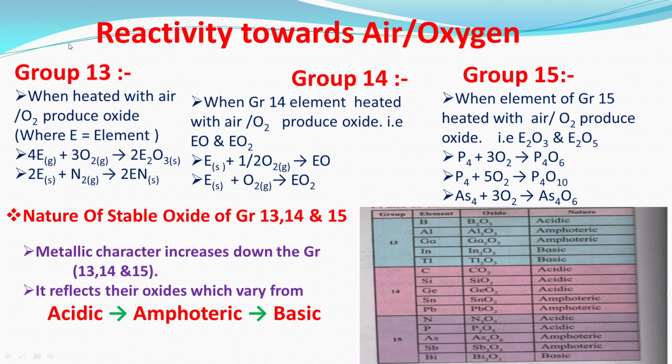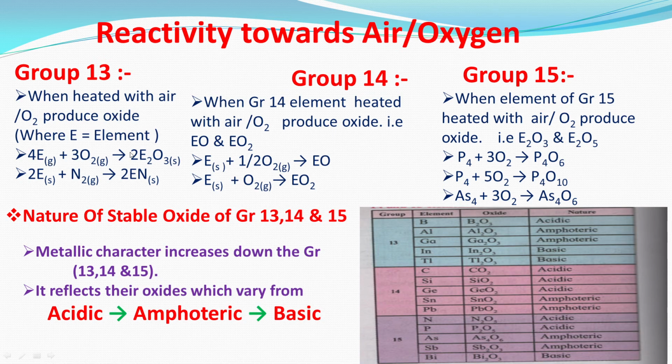Next, we study the reactivity towards air or oxygen. Air is a non-reactive mixture of gases which contains oxygen and a number of other gases. When group 13 elements are heated with air or O2, they produce oxides.